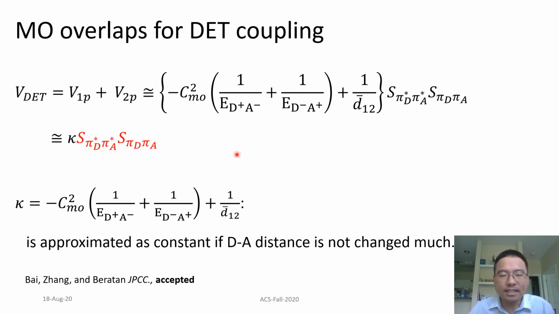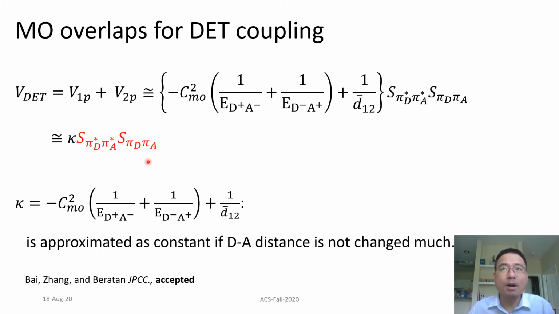And we have to mention here that the relationship shown here is valid only when the two frontier molecular orbitals are enough to describe the excitation of the donor and acceptor molecules.